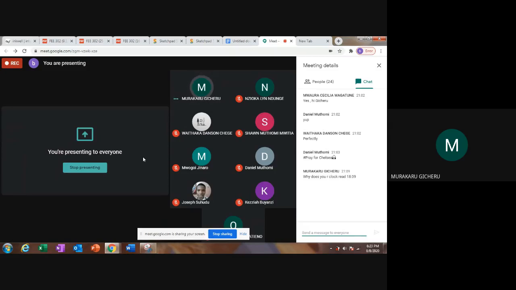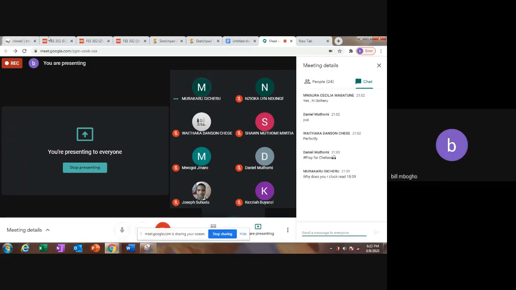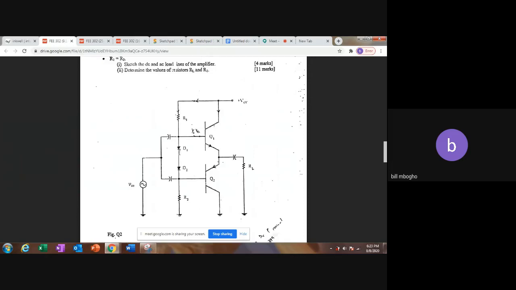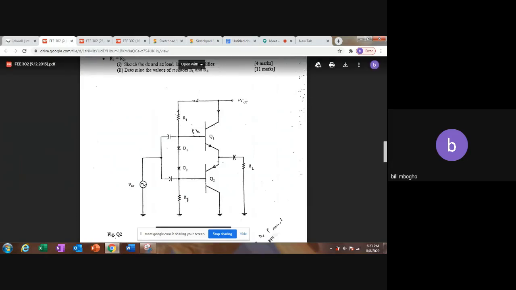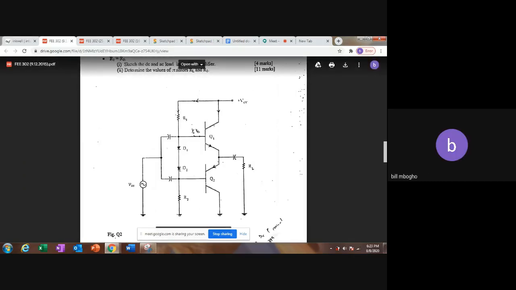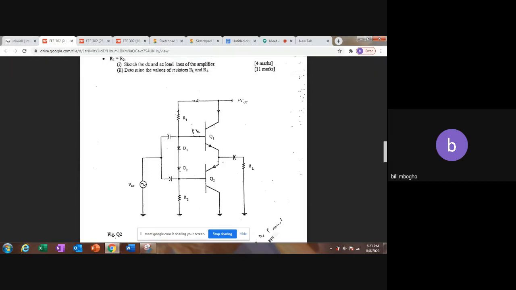The diodes are equal, and the resistors are equal. Yeah, that makes perfect sense, because half of the voltage is here and the other half is here. So I think it also explains the same thing. Yeah, thank you for that.